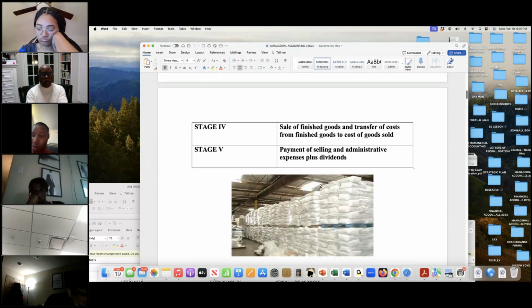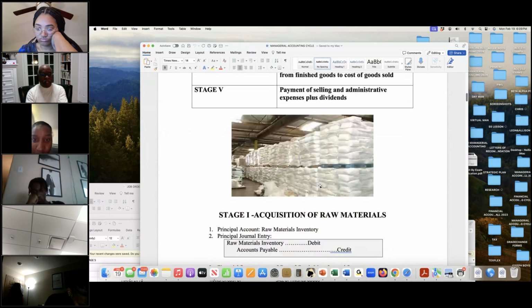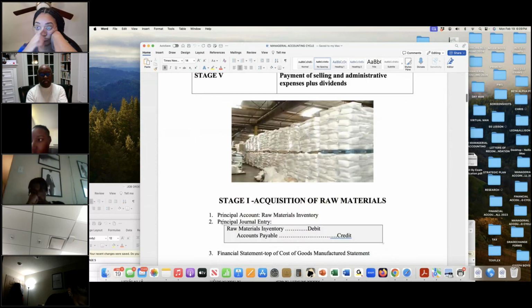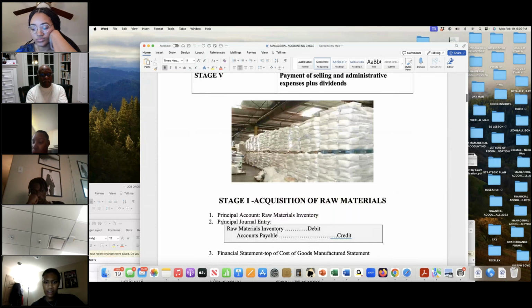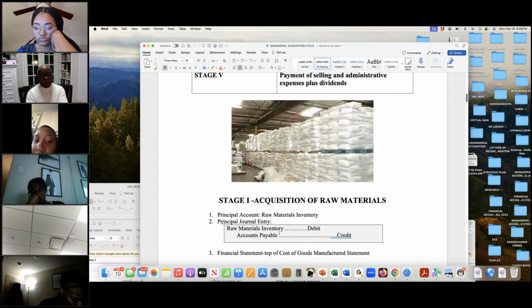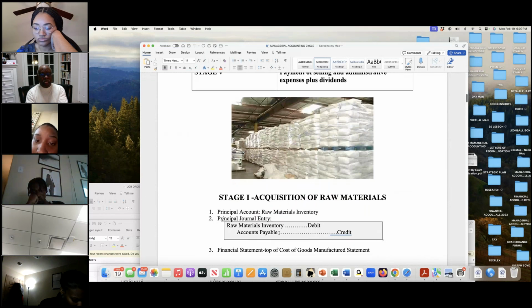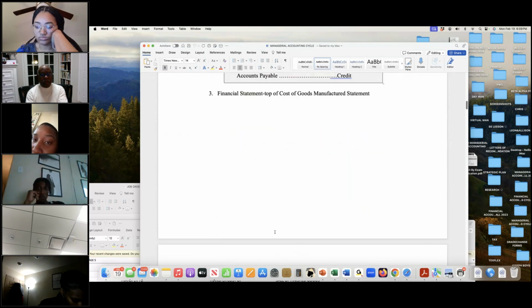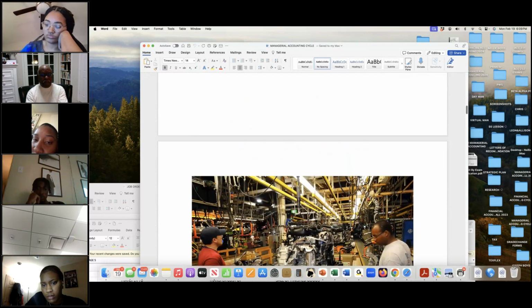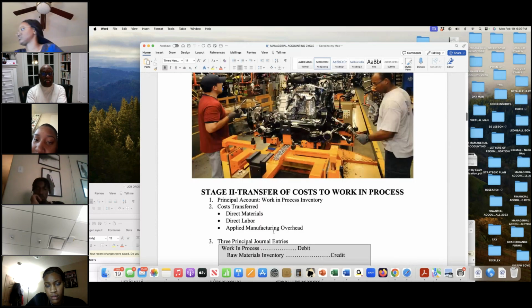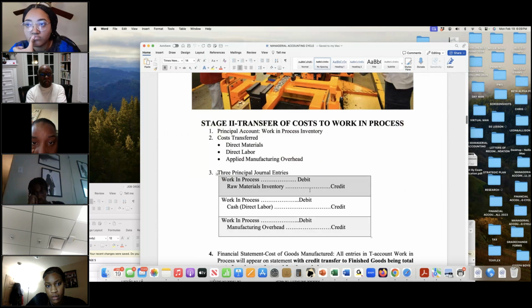Now, in stage 1, we buy the raw materials. This is the journal entry. It never changes. You debit raw materials inventory and credit accounts payable. That never changes. In stage 2, when we make the item, we have 3 costs that we record. We're going to record the raw materials that we bought in stage 1 and transferred in.